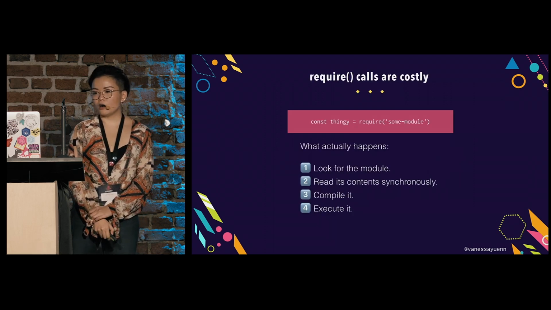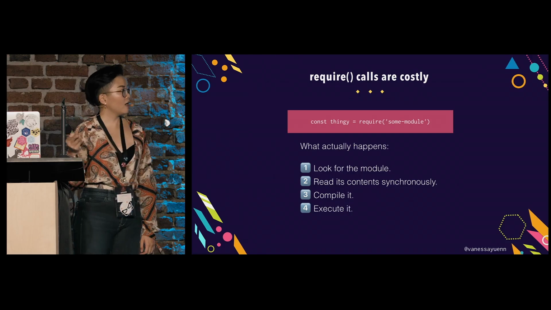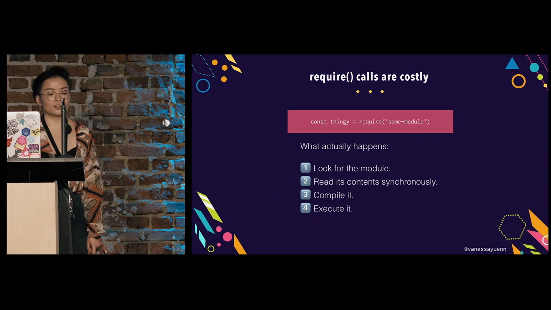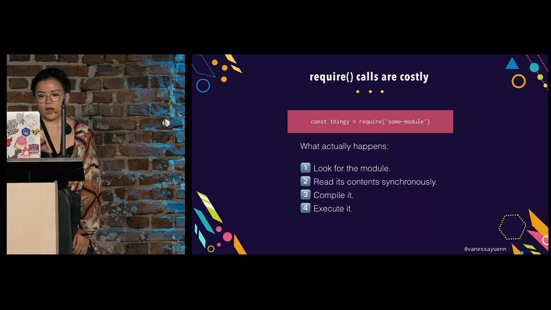When you require a module, what actually happens is Node has to first locate the module, be it from your Node module folder or elsewhere, and then it reads its content synchronously, and then it compiles it, and then it executes it. And it does that for every single require call. So require calls are actually quite costly.